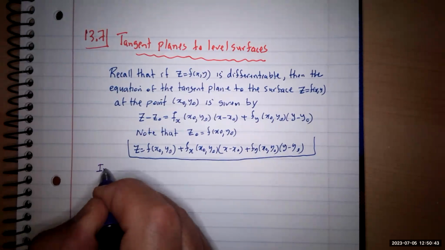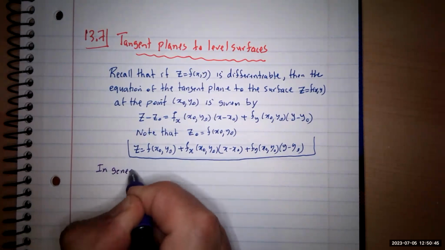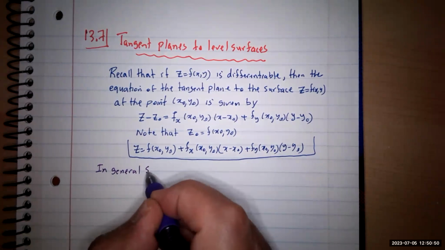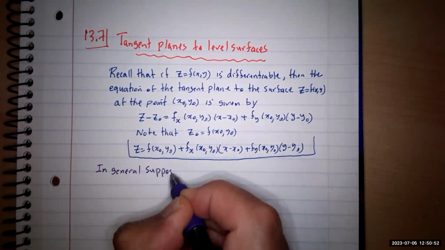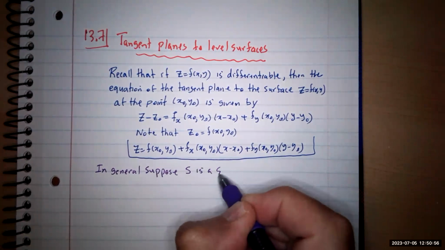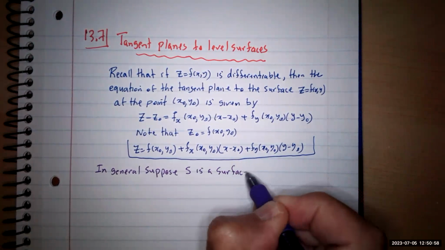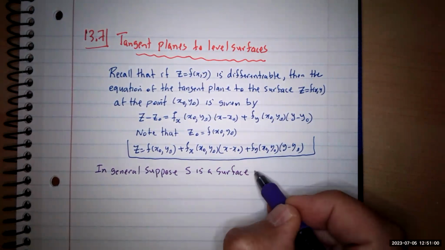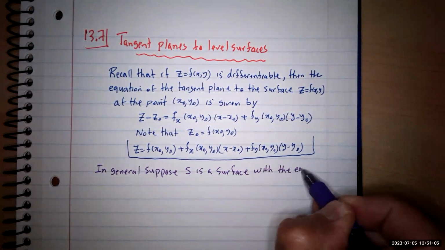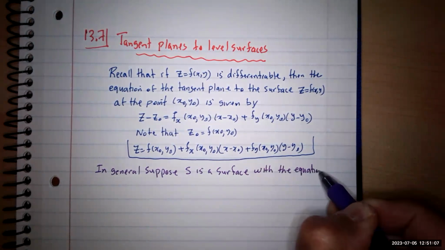In general, the extension is nice to get the formula. Suppose S is a surface with the equation, a kind of implicit one.